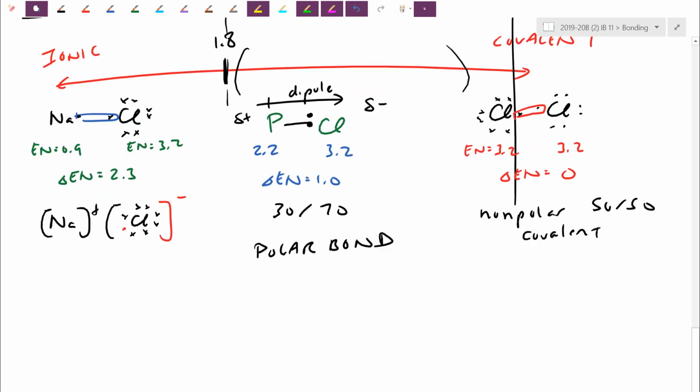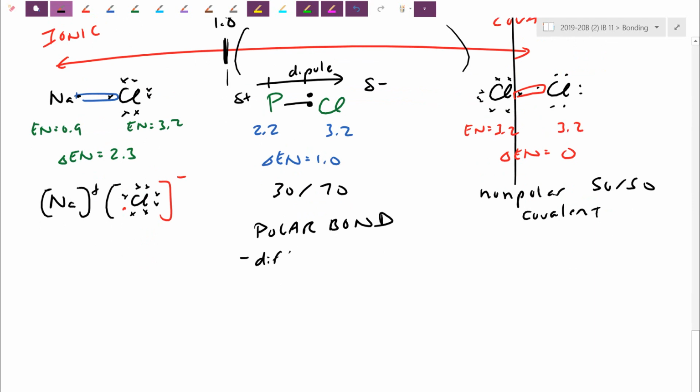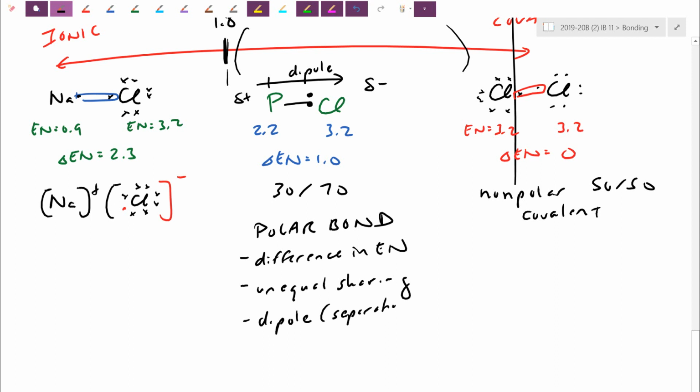Whenever there's some difference in electronegativity, whenever there's some unevenness, there's going to be unequal sharing, and that's when we end up with this polarity. We end up having a dipole, and this dipole points towards the winner. The dipole is a separation of charge. It says that one side is actually more negative than the other side. That's what it takes for a bond itself to be polar.